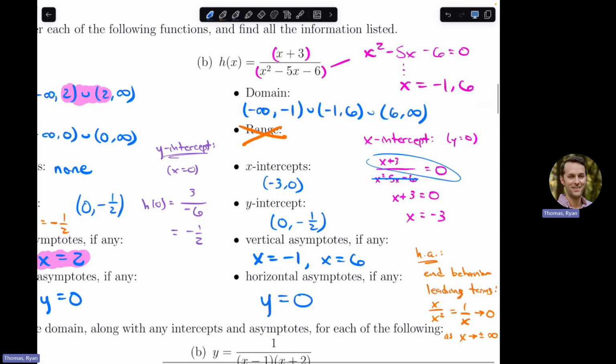Vertical asymptotes are tied into where the function is discontinuous, which is tied into the domain issue, which all comes back to the fact that dividing by zero is bad, right? So that's the thing to hang on to. You can't divide by zero. All these things come out of that.